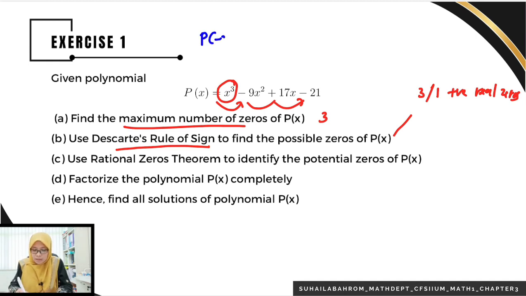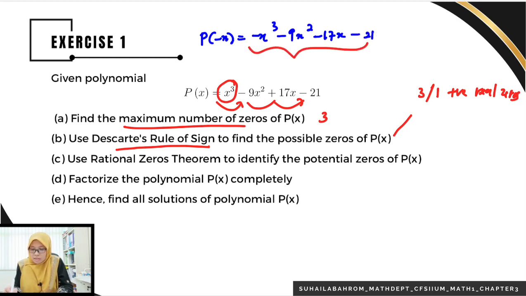So P(negative x) gives negative x cubed, minus 9x squared, minus 17x, minus 21. In this case, there is no variation in sign, so we can conclude that there are no negative real zeros.